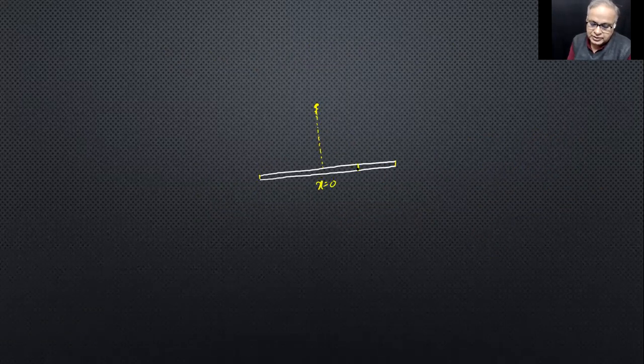And at a distance x, I'll take a small dx element here. Don't forget all this is positive charge, right? So a small dq element I've taken here. dx is the length and charge is dq. So this dq is the charge I'm considering. Positive charge this is. So at this point, how will be my E? Away from dq, right? Yes, sir.